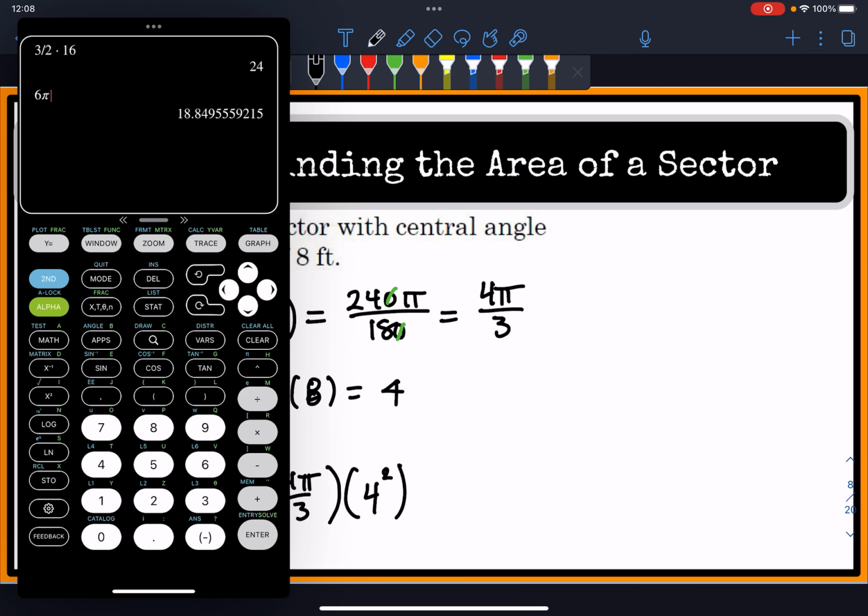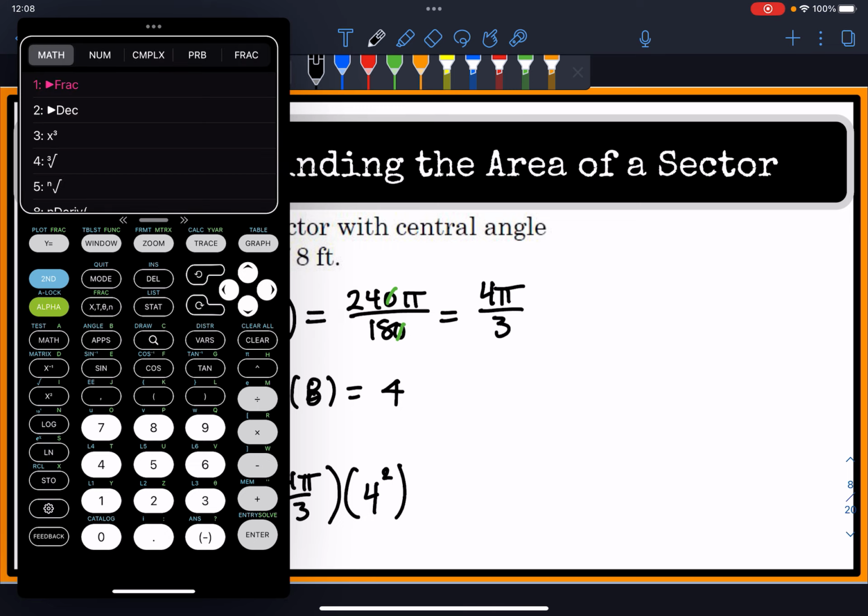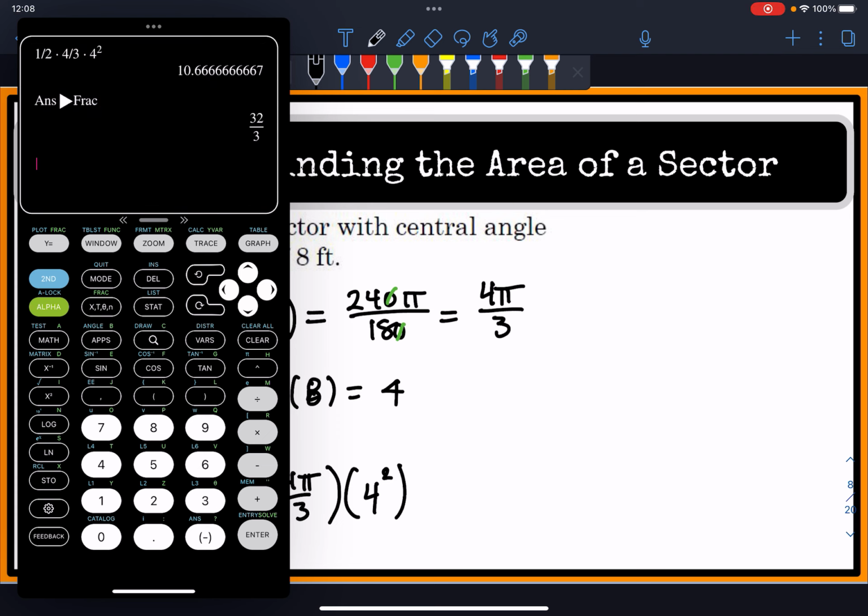So half times 4 over 3 times 4 to the second power. Let's convert that into a fraction, and that's going to give us a total of 32 pi over 3.